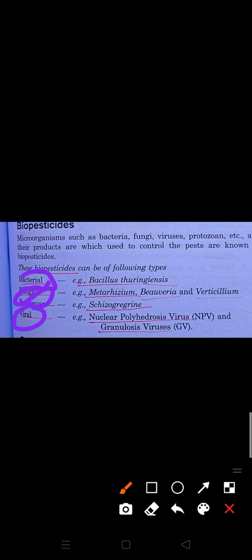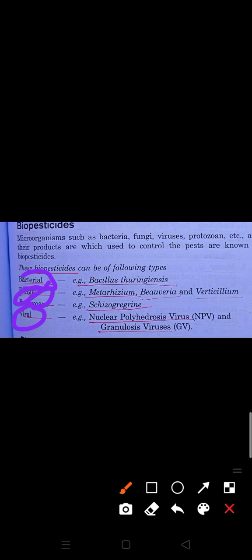Okay, these bacteria are also helpful to kill different animal and plant parasites, like nematodes, snails, protozoans, even cockroaches. This is the way, because these bacteria are able to secrete toxic proteins.